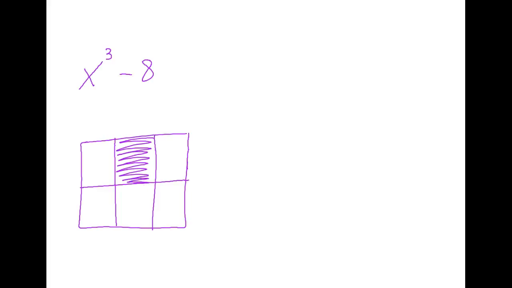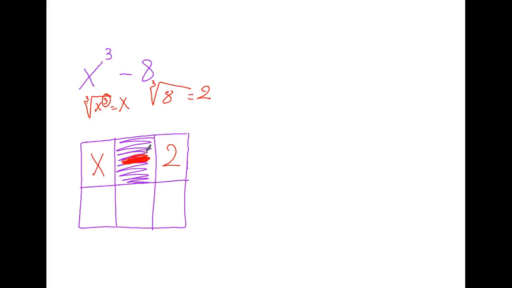I'm going to take the cubic root of x cubed, and then the cubic root of 8. Cubic root of 8, use the calculator, it's a 2. Cubic root of x cubed means you divide the power by 3. So 3 divided by 3 is a 1, so this is just x. Copy your x, copy your 2. The original sign was a minus, it goes over here.